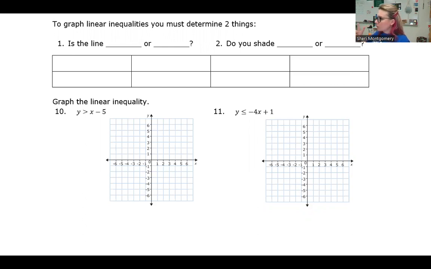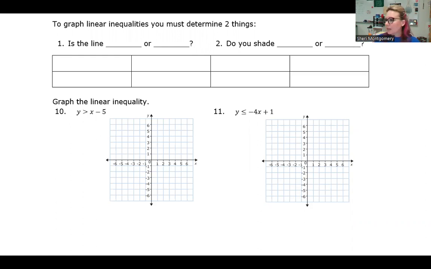And are you shading above or below? So this is the same idea that last class when we were graphing the solutions, we had our circle and we had to decide, was I shaded inside or was I not? And I had to decide, was I shading to the right or to the left? It's the same two concepts, but now we're doing it with a linear inequality.